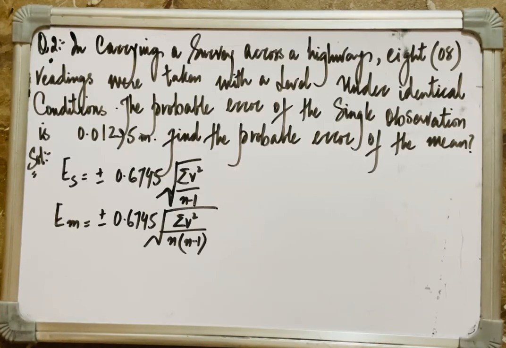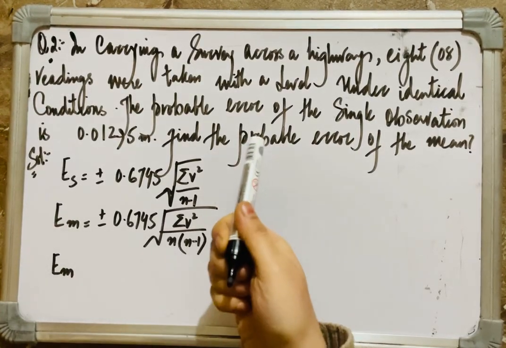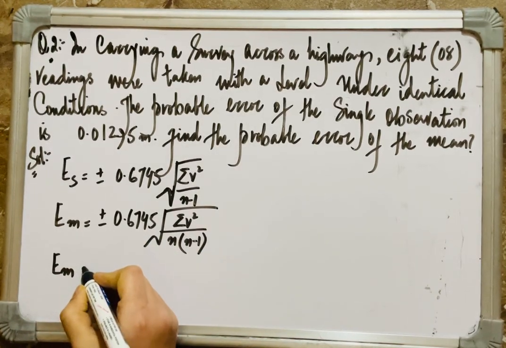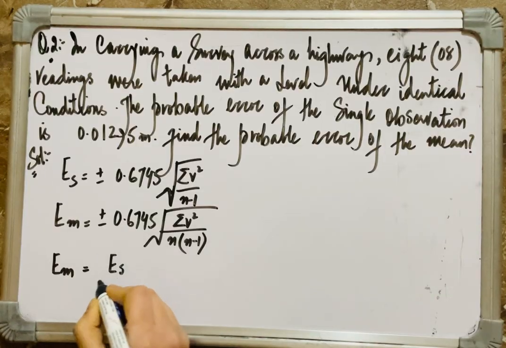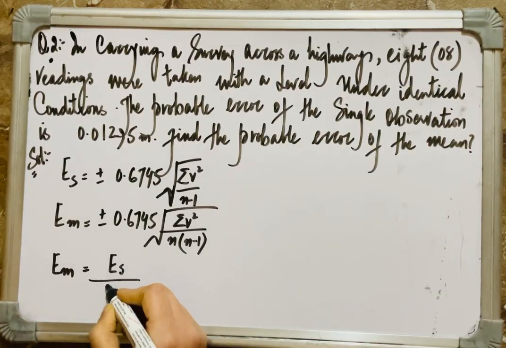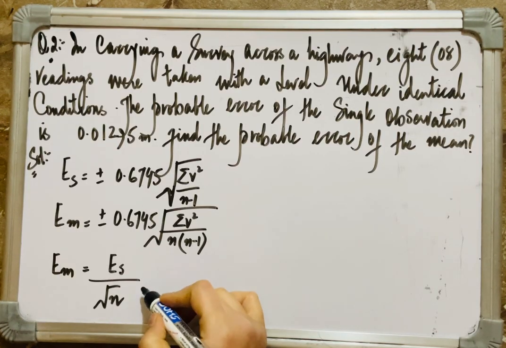So I can say that the probable error of the mean is equal to the probable error of the single observation divided by square root of n. This is the relation between probable error of the mean and the probable error of the single observation, or you can say most probable error of the mean and the most probable error of the single observation.